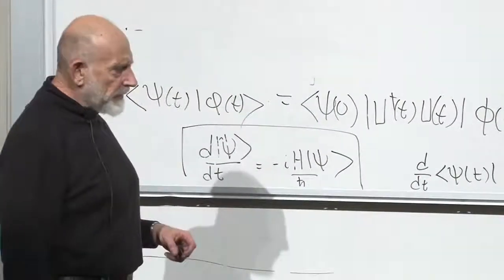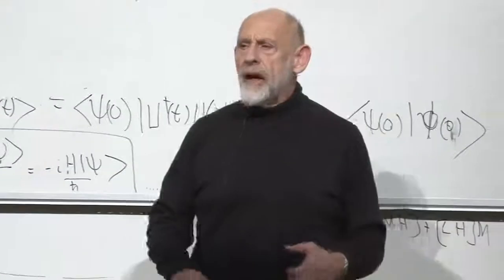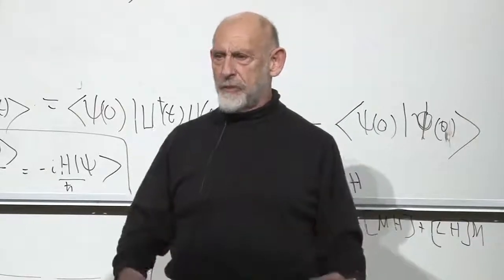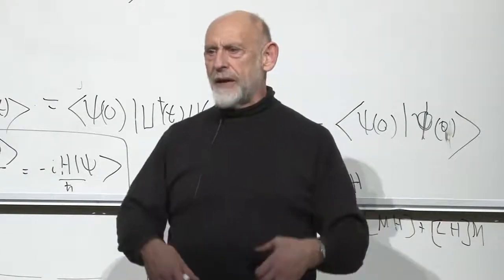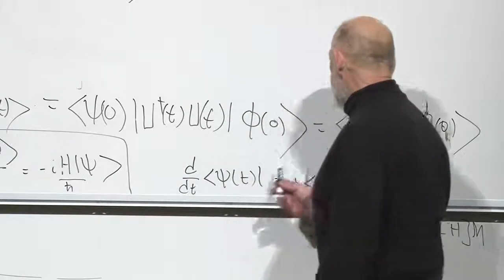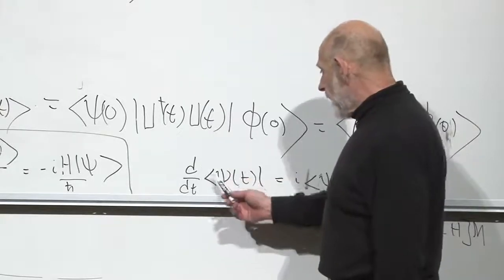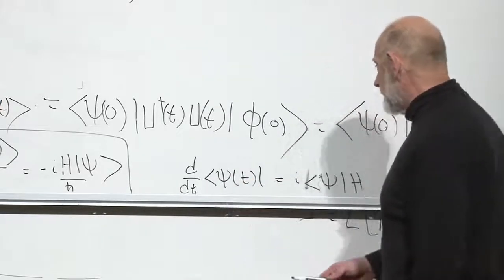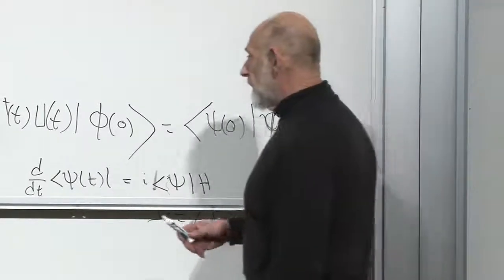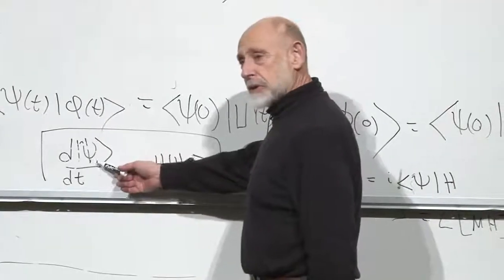Yeah, the time derivative of a bra vector is a bra vector. The time derivative of a ket. Look, the time derivative is just another way of talking about differences. The difference of two bra vectors is a bra vector. The difference of two ket vectors is a ket vector. Okay? In the limit, the difference becomes the time derivative. So the derivative of a bra vector is a bra vector. The derivative of a ket vector is a ket vector. If you want to take this ket equation, what is the bra that goes with this ket?